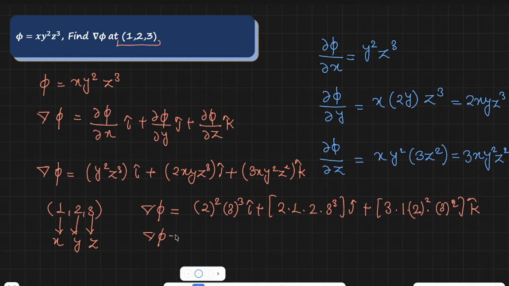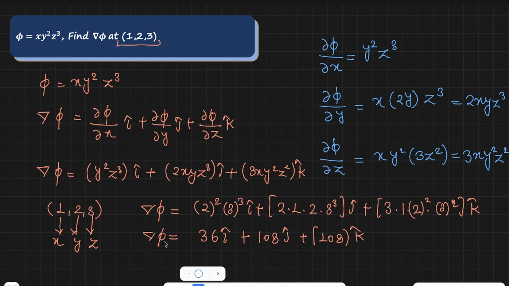So del phi is equal to 4 into 9, that is 36 i cap, plus 4 into 27, which is 108 j cap, plus 3 into 4 is 12, into 9, which is again 108 k cap.